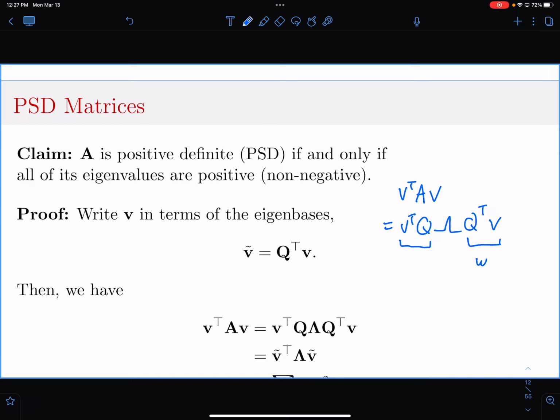So this gives us w transpose lambda w. If you have a diagonal matrix in the middle and this quadratic form expression in terms of w, it's exactly equal to the summation of lambda_i w_i squared.